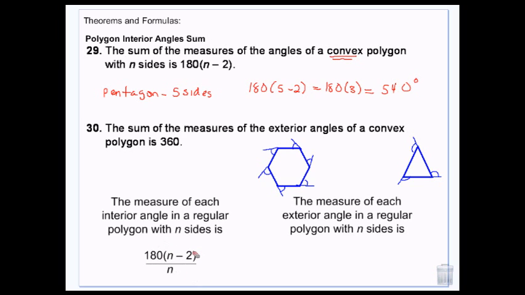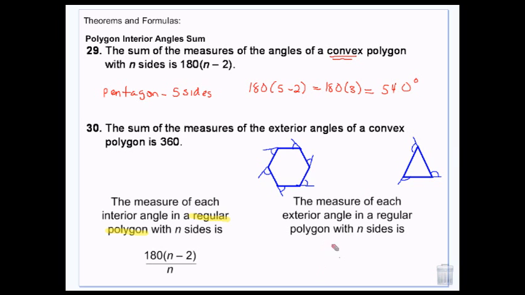So I find out the total measure of the angles, and then divide it by the number of angles. Number of angles and the number of sides is the same. So 5 sides, 5 angles. This again, though, only works if you're talking about a regular polygon, which means the angles and the sides are the same length.